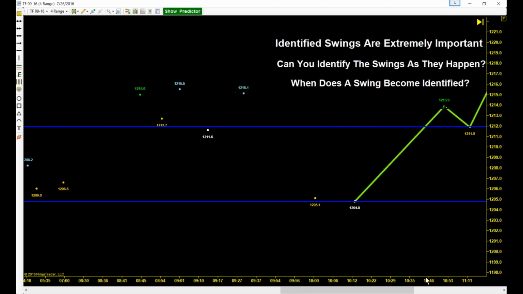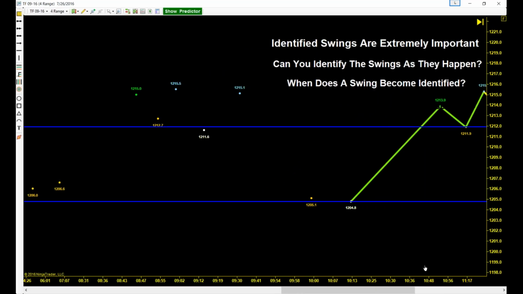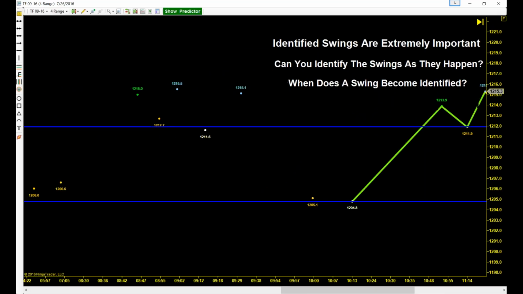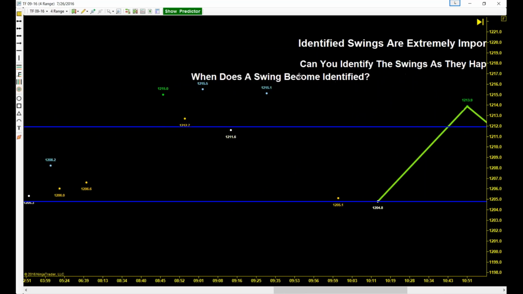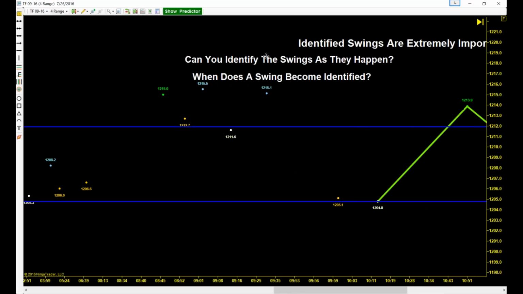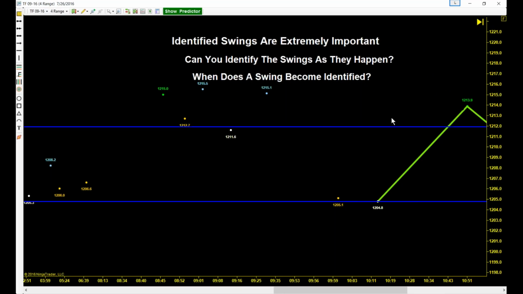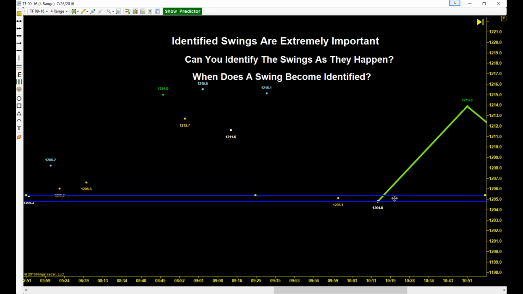All right, let's look at this right here before this does anything else. You had a thrust, you had a retrace. Now let's go over to the side a little bit more again. I'll get this out of the way for just a second. Now we don't know where the identified swing is at this very moment. Let's take this line down because we don't know.